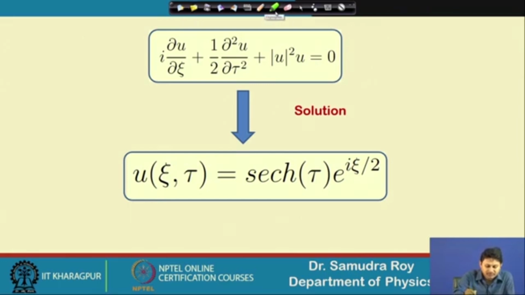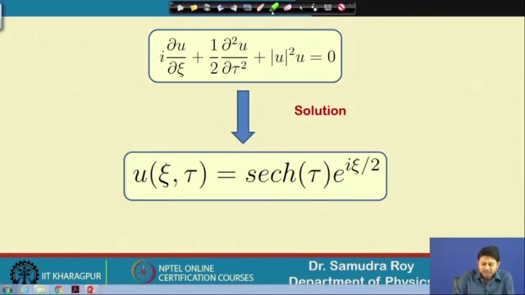So, if you solve this equation, you will find a solution for the equation in this form: i du dz plus half d2u d tau square plus mod of u square u. This is a nonlinear differential equation, and since it is evolving with xi, we have one boundary condition here, which is the value of u at z equal to 0.